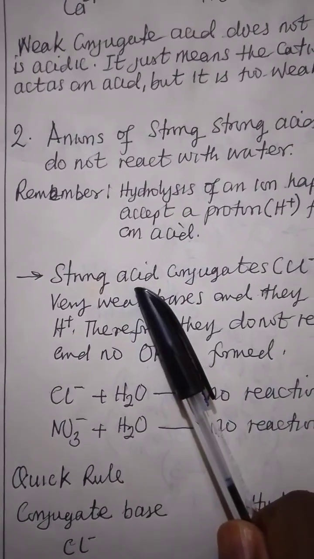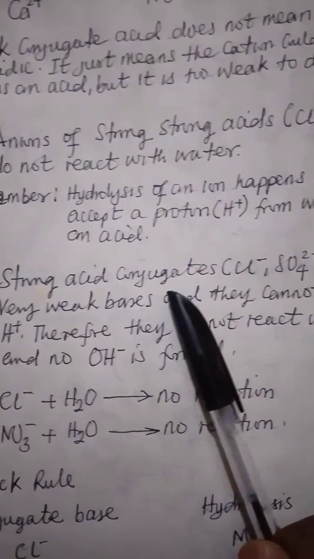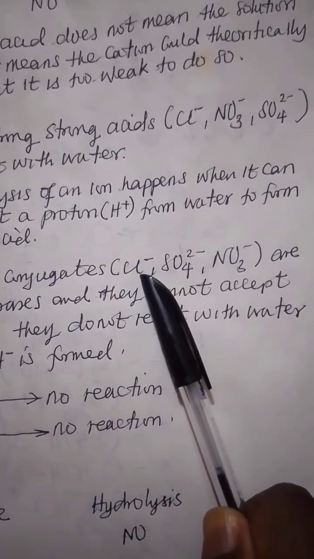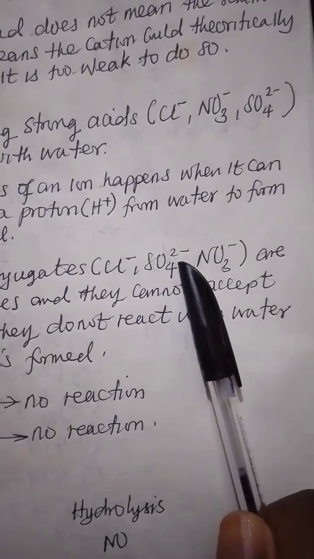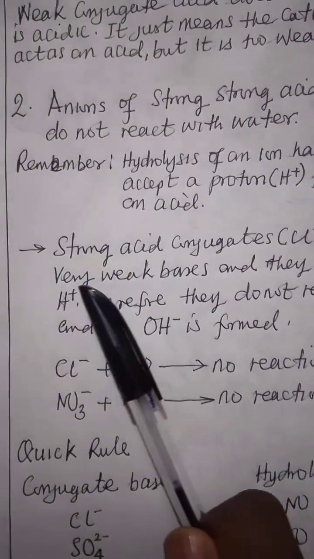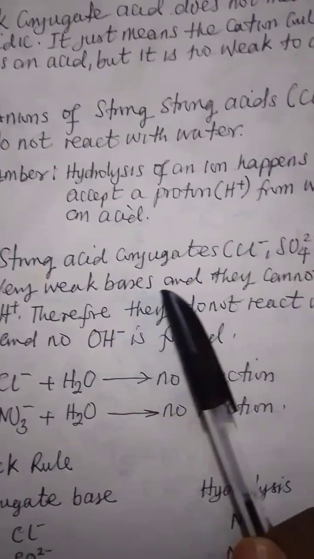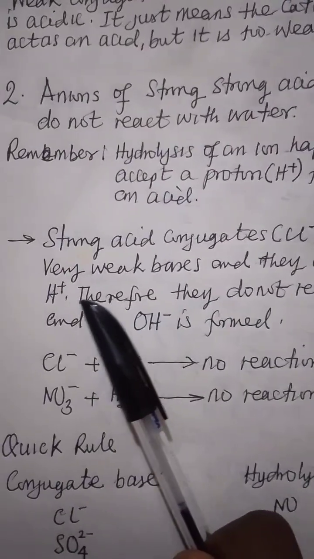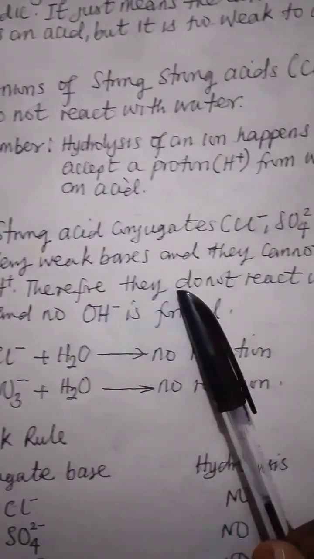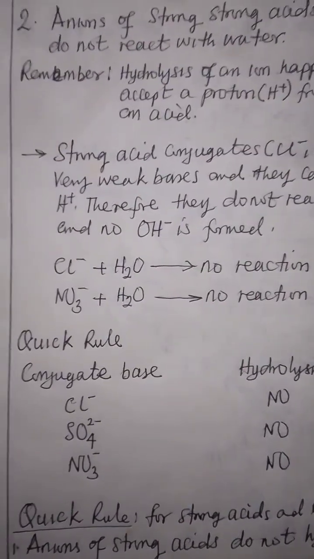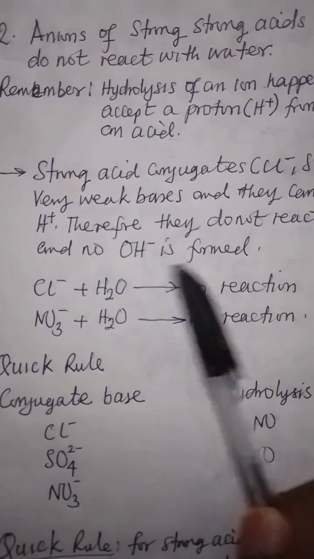Strong acid conjugates, that is Cl minus, that's chloride ion, tetraoxosulfate 6 ion, trioxonitrate 5 ions, are very weak bases and they cannot accept H+. Therefore, they do not react with water, and no OH minus is formed.